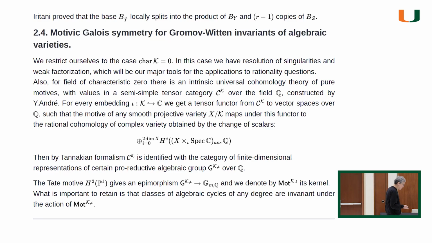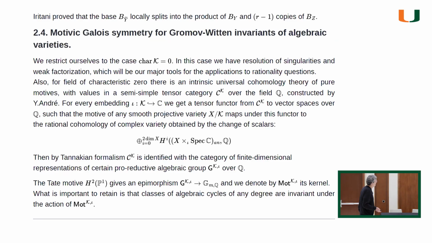You get resolution of singularities and get an intrinsic theory of motives, which was proposed by André, namely the claim that if you have a field of characteristic zero, you can have some canonical tensor category over rational numbers, and you get some cohomology theory with values in this category. It's a mysterious category, but if you choose an embedding of your field into complex numbers, this category will map to vector spaces.